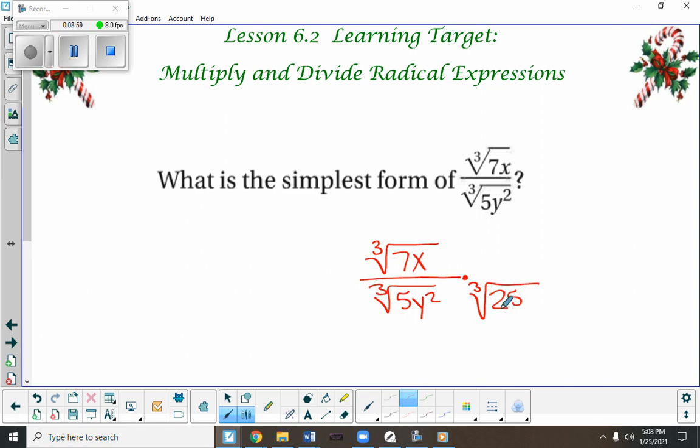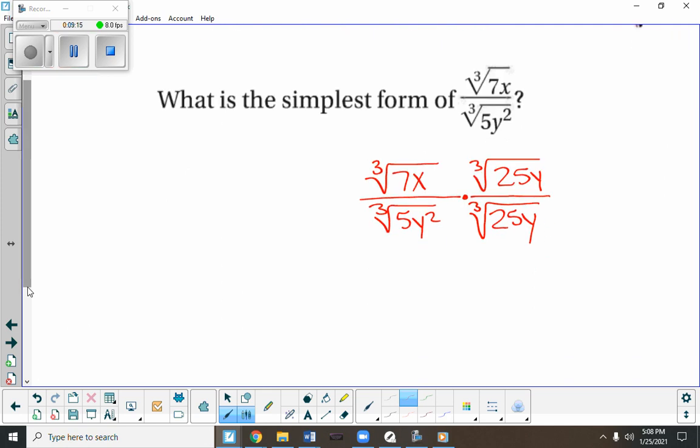All right, now if I have y to the second, I want to end up with y cubed. So I'm going to have to multiply by 1 more y. And whatever I do in the denominator, I have to do in the numerator. So watch this. In the numerator, I have the cube root then 7 times 25, that's 175, and x times y.